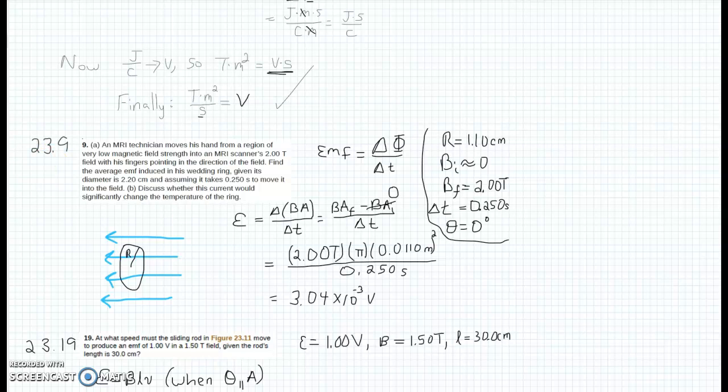And so once again, the normal of the ring is going to be in the same direction as the field, right? So the normal is here, and the field is the stuff in blue, and they're in the same direction, so the cosine is going to be 0, all right, between the field and the normal there.